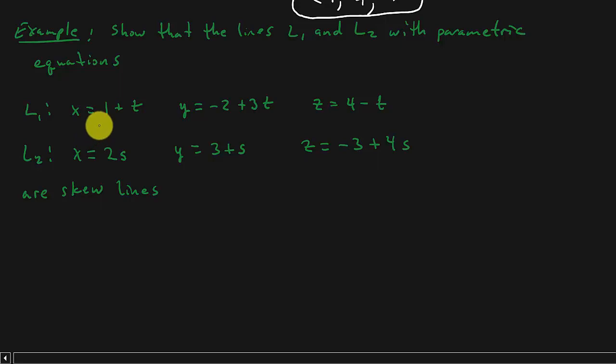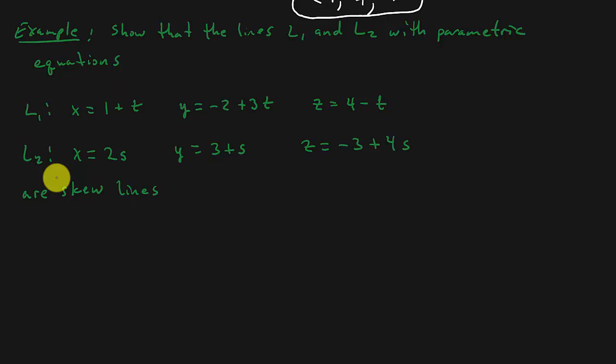If I have a vector parallel to line 1 and a vector parallel to line 2, and those two vectors are parallel, the lines are parallel. If those two vectors are perpendicular, the lines are perpendicular. And if they're neither, then the lines are skewed lines.